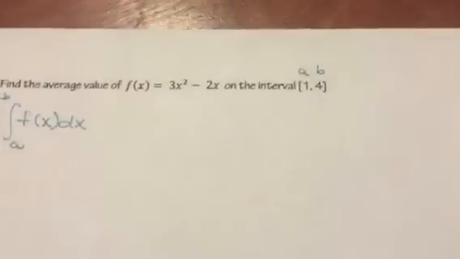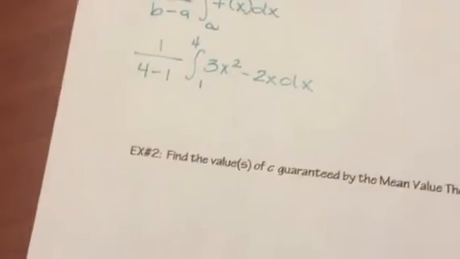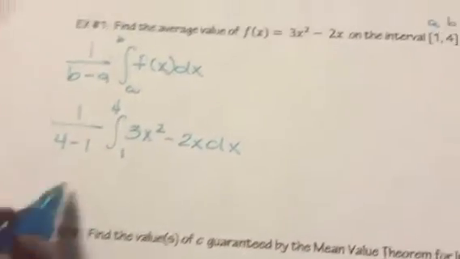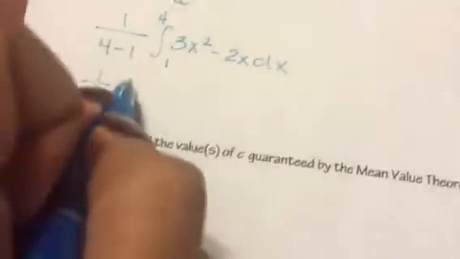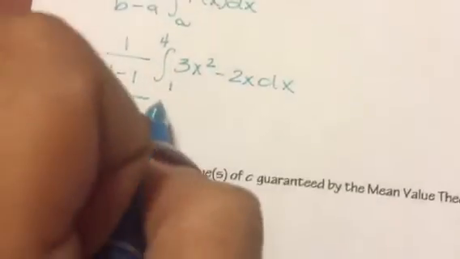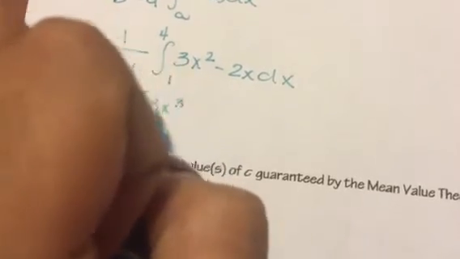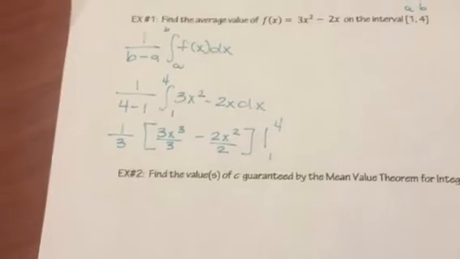Well, here's a, here's b. So it's essentially 1 over 4 minus 1 from 1 to 4. We're going to integrate 3x squared minus 2x dx. So our outside portion is 1/3. If we integrate the inner one, that's 3x cubed over 3 using power rule minus 2x squared over 2. And we're going to evaluate it from 1 to 4.